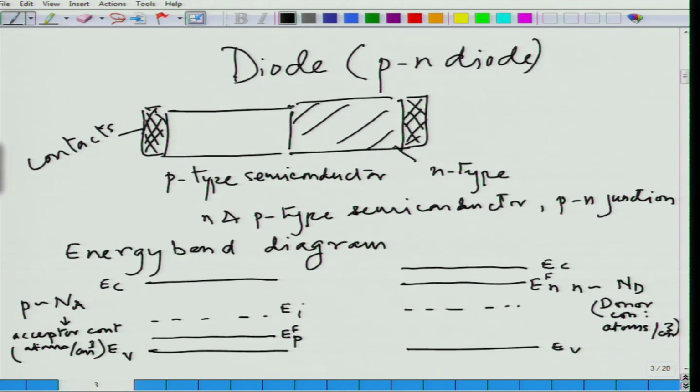In this situation, if p is equal to Na, we can now see what would be the situation if we try to bring these two semiconductors together. As shown earlier, the Fermi level for the p type is towards the valence band, and the Fermi level for the n type is towards the conduction band.